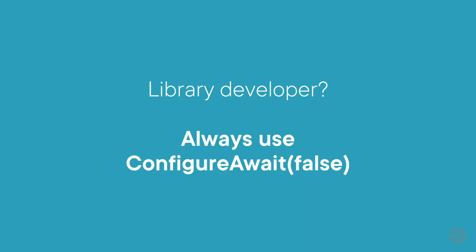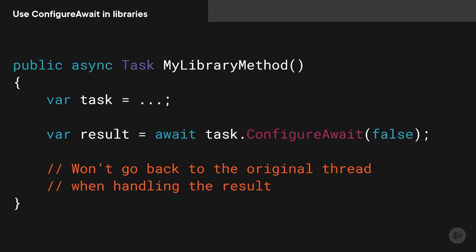That's when you use configure-await false. Because in your library methods, in your continuations, you really shouldn't care about the original context. Using this inside your libraries will work the best across all different types of .NET applications.